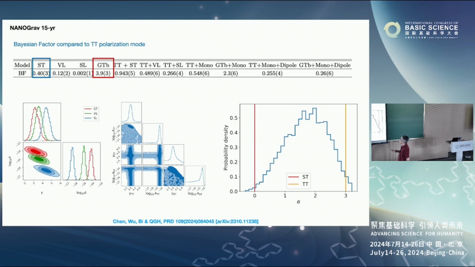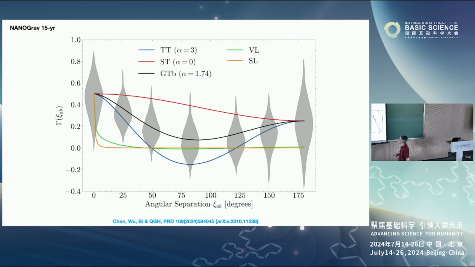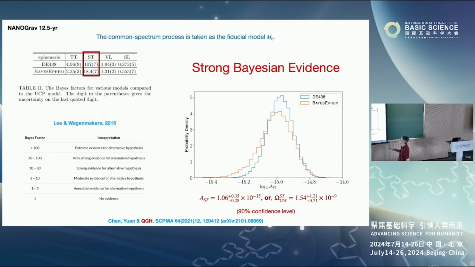So we see that this signal is still there, and the Bayes factor for the ST mode is still around 100, roughly the same as in the 12.5 years dataset.